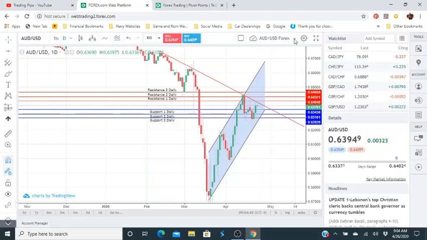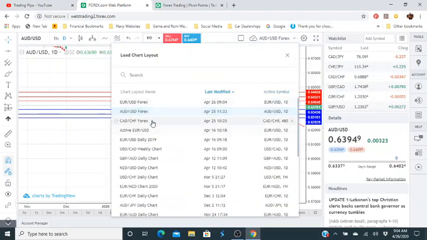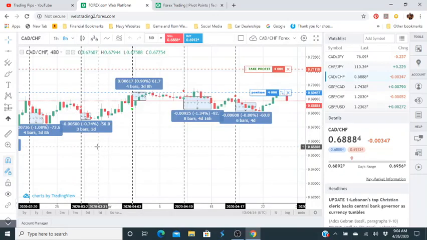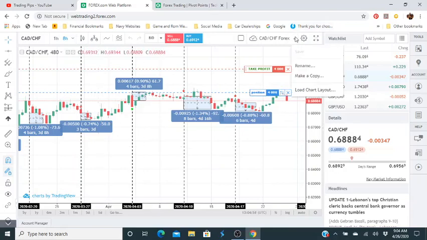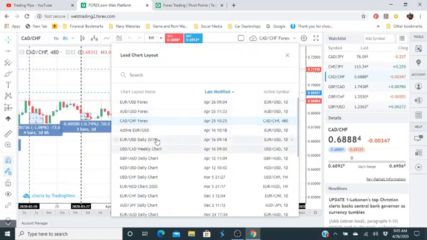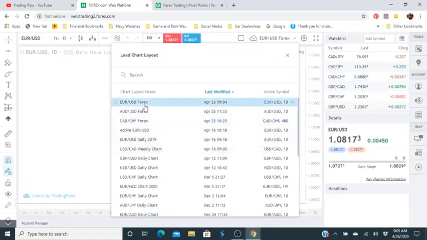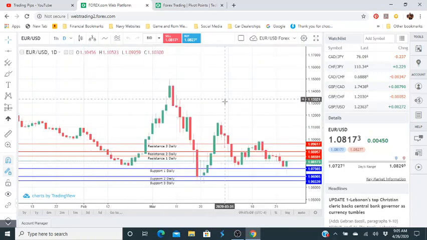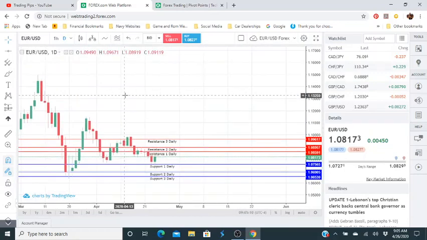But Euro USD, and click on this right here, CAD/CHF, and I have some other things set up on this particular chart. So this is a little bit more advanced, some of the things that I am working on. But we'll go back to the Euro USD, and once again, everything is right where we left it. All your support and resistance lines are right there.